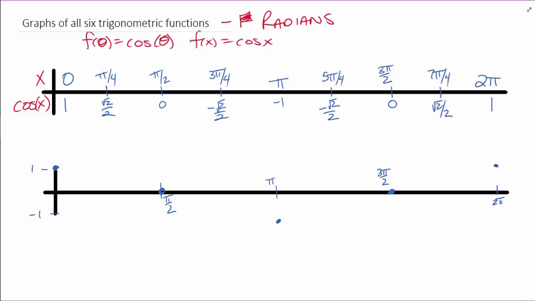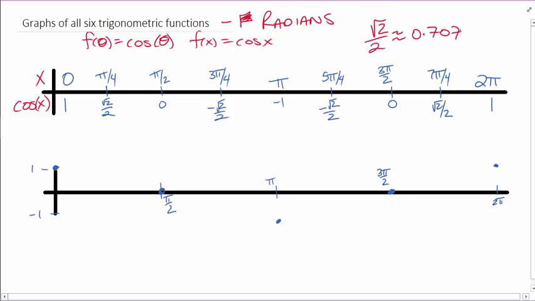It's important to note that root 2 over 2 will be approximately 0.707. So between 0 and 1, a little bit closer to 1. So if I'm plotting those points, I'm going to be here, below the x-axis, below the x-axis, and above the x-axis.